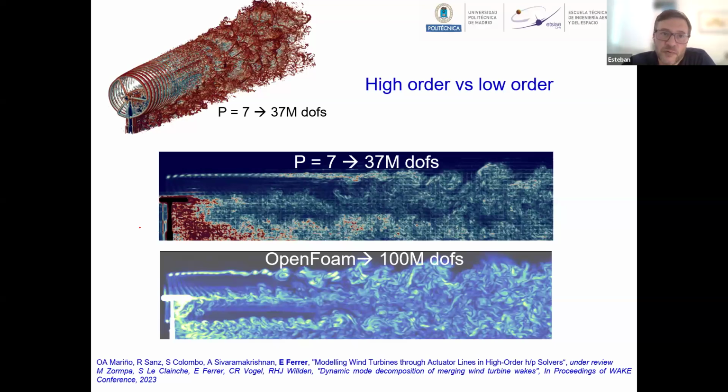Right, so what we have done is compare our P7 solution, which uses 37 million degrees of freedom, against an OpenFOAM solution with 100 million degrees of freedom. What we see is that, well, overall the flow looks similar, but our simulations maintain the tip vortex without transitioning to turbulence for longer than OpenFOAM, suggesting that our errors are smaller than OpenFOAM with 3 times more degrees of freedom.